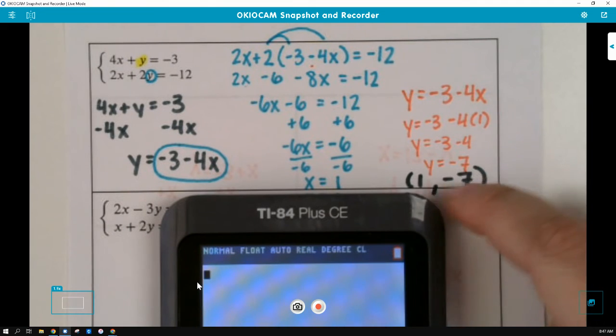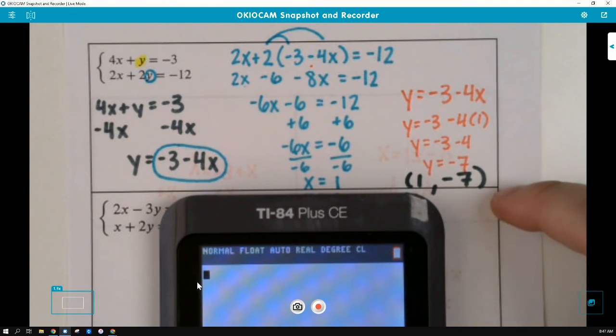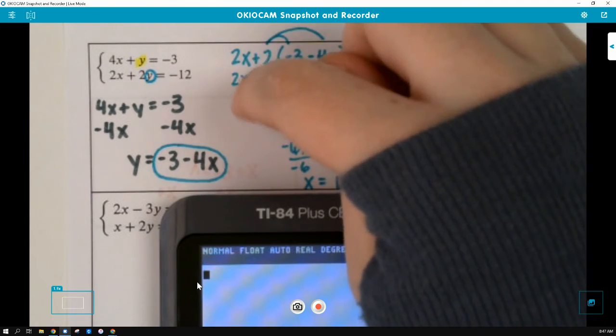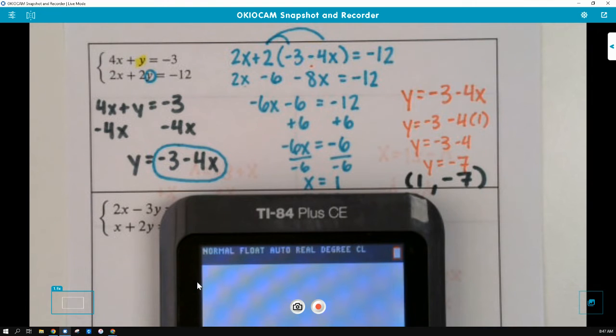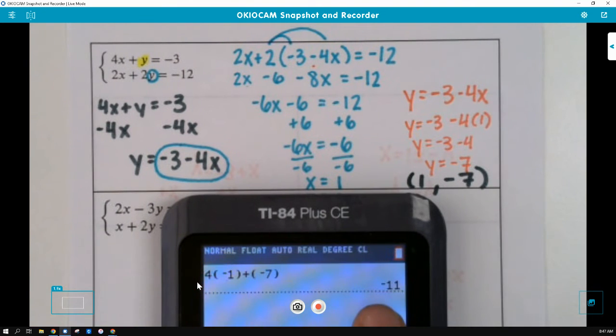This ordered pair, just like we've been saying at the beginning of notes every day, must make both of these equations true. So how I would check that is I would do 4 times negative 1 plus negative 7. That's 4x plus y right there. Equals negative 11. Oh, anybody see my mistake?